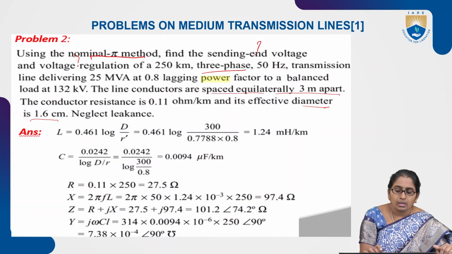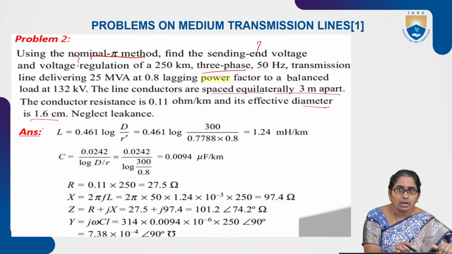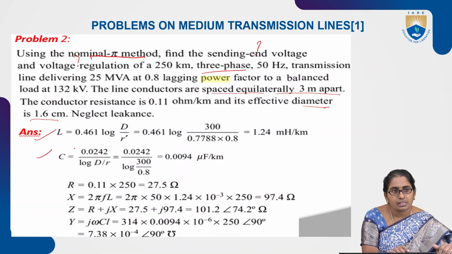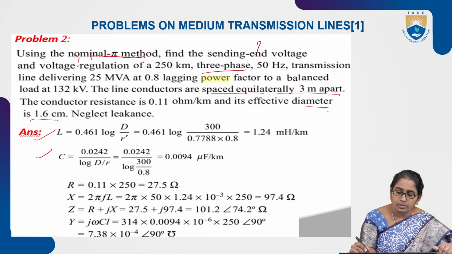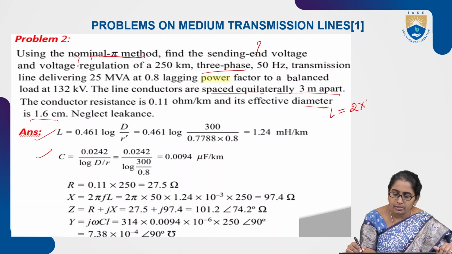So first, calculating the line inductance L. I hope you are able to recollect. The line inductance per conductor is 2 into 10 power minus 7 log base e D by R dash, in Henry per meter.